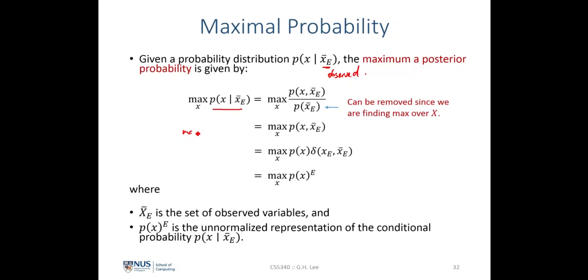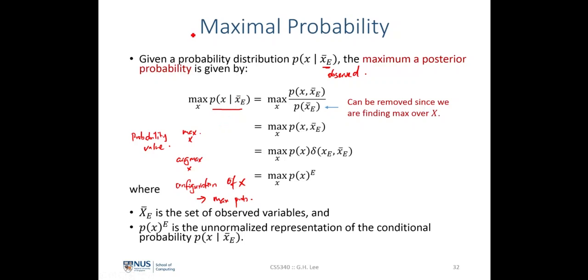This max simply means that I'm after the maximal value of the probability, in comparison to argmax over x. So max refers to the probability value that is the maximum over all the configurations of x, and argmax refers to the configuration of x that gives rise to the maximal probability of this conditional probability.